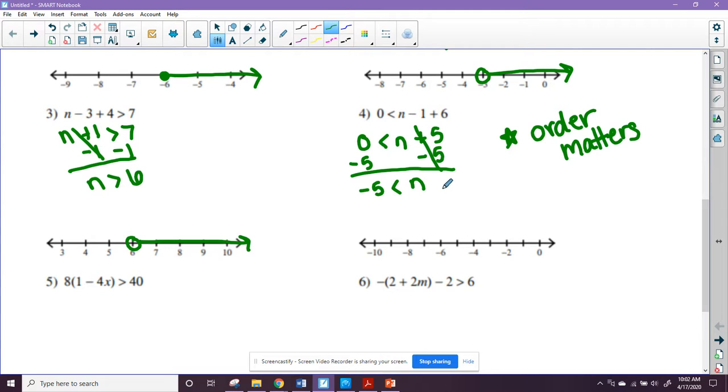So we need to rewrite this as n and -5. So n has to be on the left-hand side for us to graph it. Our inequality symbol, you think of Pac-Man's mouth is eating n, so it still has to eat n. So that inequality is just going to flip. So now we can graph this inequality. So we go down to -5, which is right here, and it's an open circle, and it is pointing again to the right.